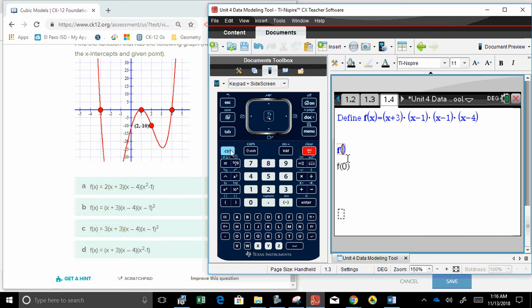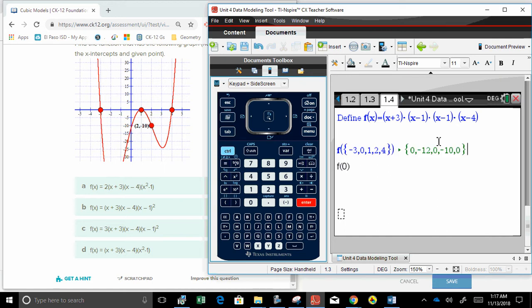So control right, we can try negative 3, 0, 0, 1, 2, 4 to check all the points, and you'll see that 0, negative 12, 0, negative 10, and 0 match up quite nicely. So it works. That's my model. So I can just choose it.